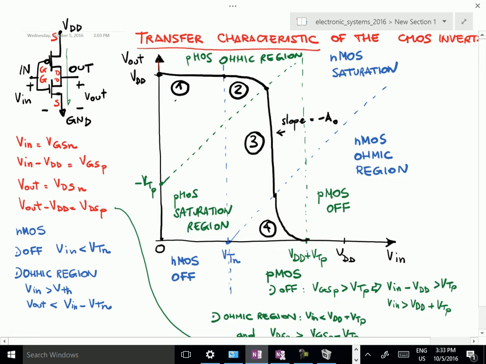The fourth branch is this one, and then in this situation the PMOS goes off, so we have no current anymore. The PMOS is interdicted, is an open circuit, therefore there's no current through the NMOS, which is conducting, and the output voltage goes to ground.